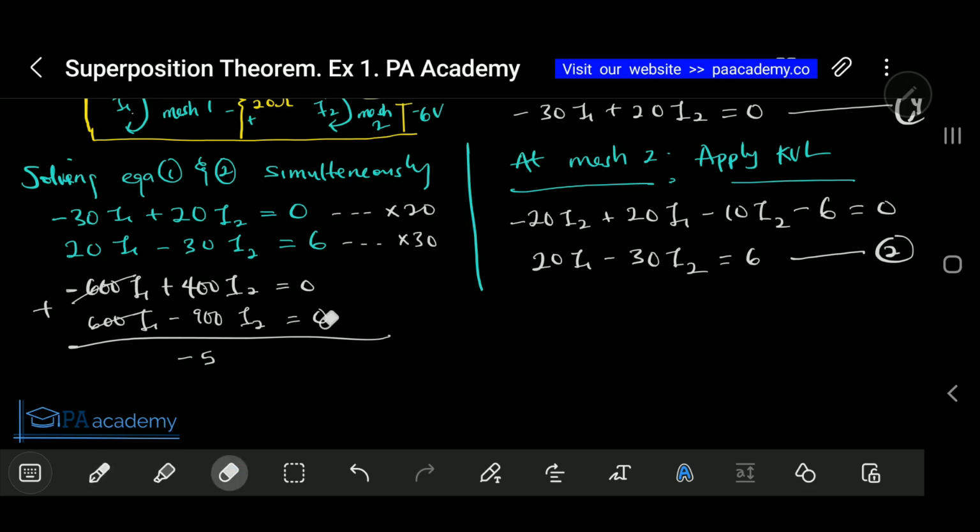Oh, sorry, I mixed this part. So 6 times 30, that's 180. So let's continue. Minus 500 I2 equals 180.